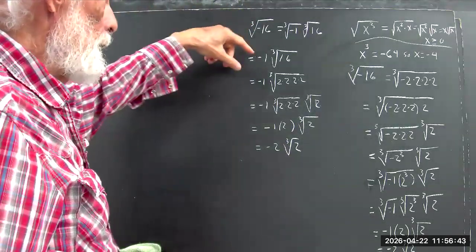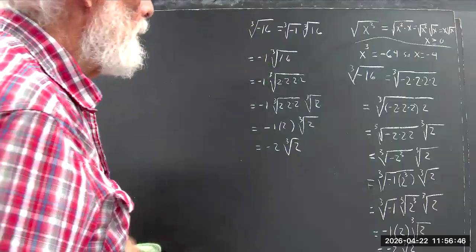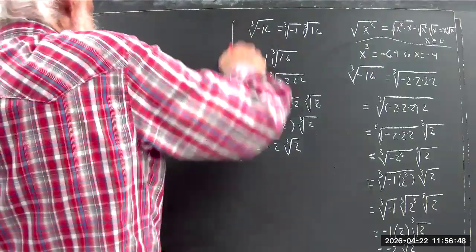Okay, there's not really a big advantage in factoring out the negative 1 here, but it might be worth doing.